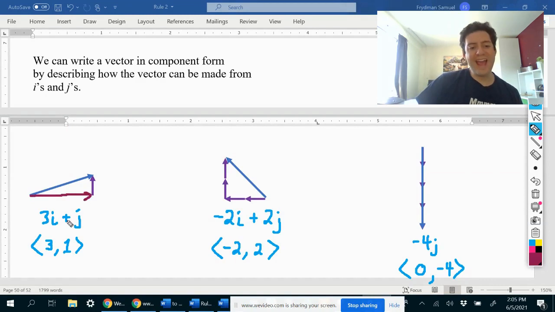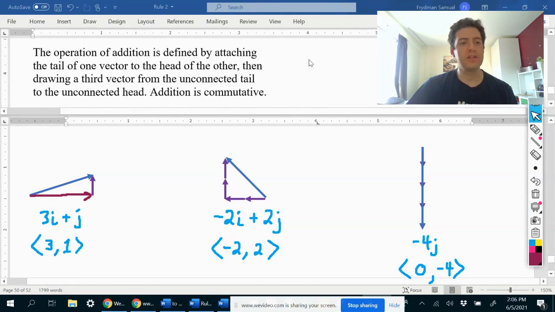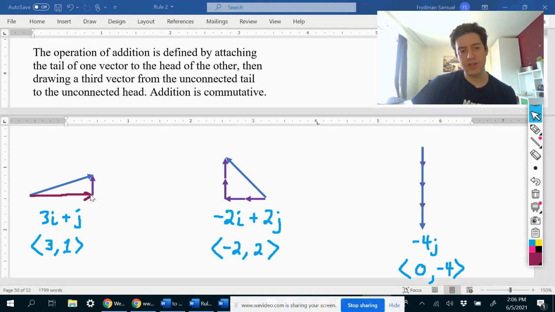And then if we add a j vector to that, remember what adding vectors together means. It means we would take the tail of the j vector and attach it to the head of the 3i vector, and then draw a third vector from the unconnected tail to the unconnected head.